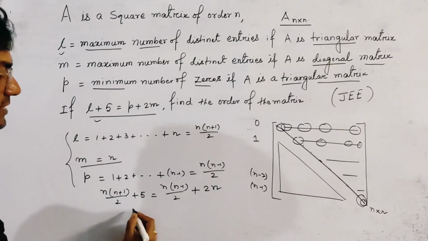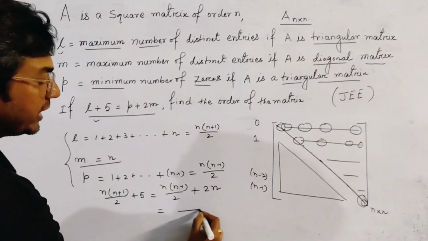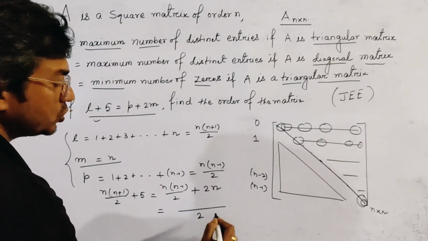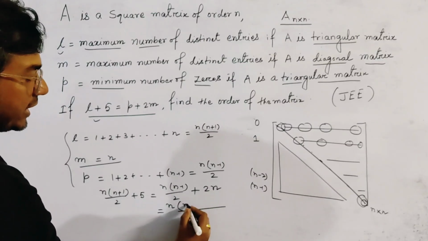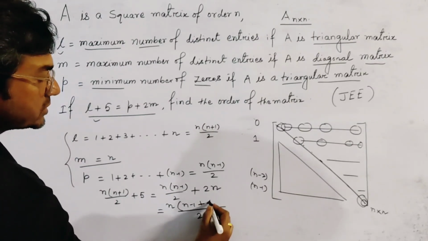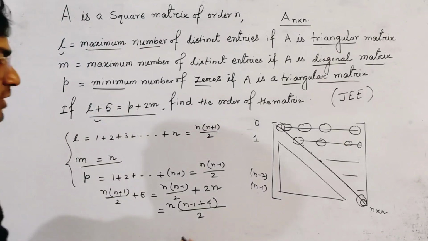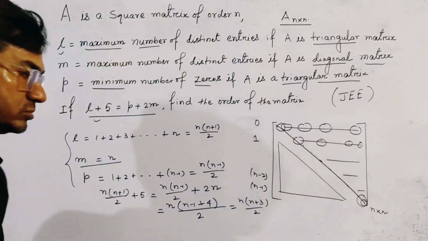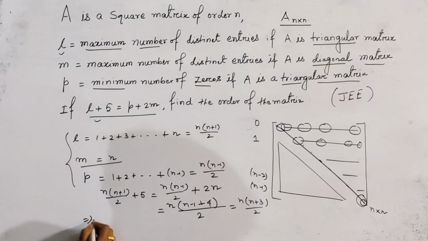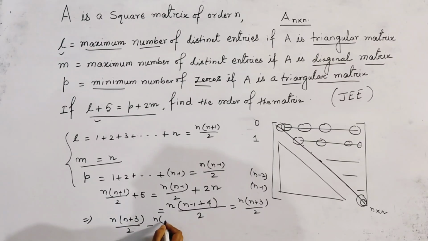Taking 2 as the LCM and taking n common, we get n into n minus 1 plus 4, so n into n plus 3 by 2, and we get this minus this: n into n plus 3 by 2 minus n into n plus 1 by 2. This is given by 5.